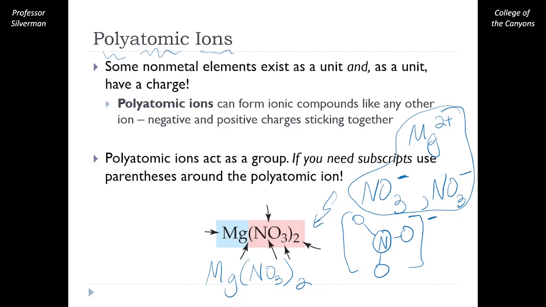I said we like to use parentheses for those polyatomic ions. This is only needed if we have a number outside of those parentheses. If you have only one of those NO3 units, then you don't need to have parentheses at all. For example, if you have sodium instead of magnesium, we can just write NaNO3, no parentheses needed at all.